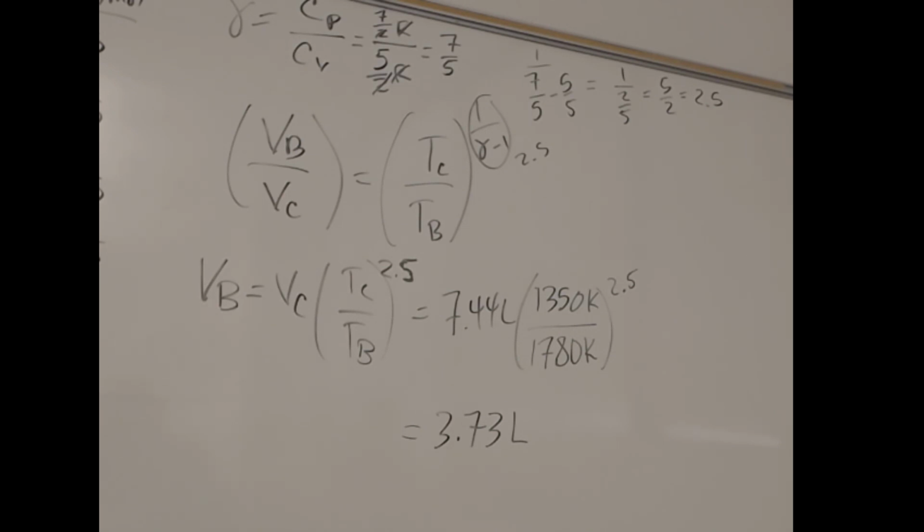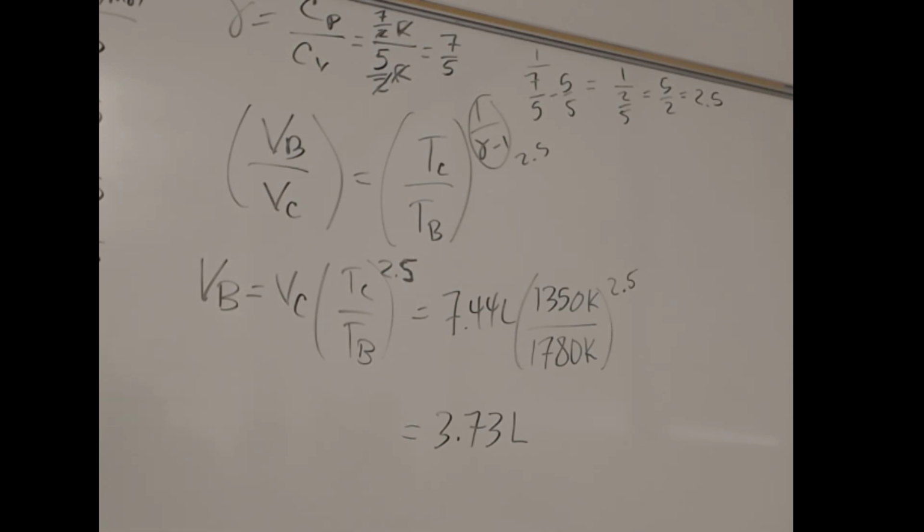So my B has now become D. So VD is equal to VA, and since B has become D, this is TD on bottom and TA on top to the 2.5. Does everybody agree with what I did? You could just see now, B became D and C became A, the same relationship, because it's an adiabatic relationship.